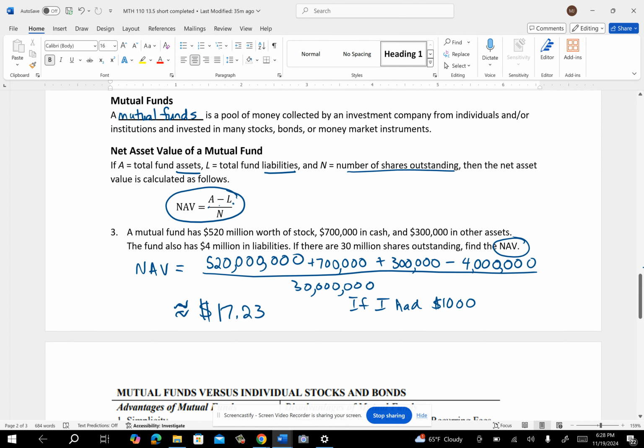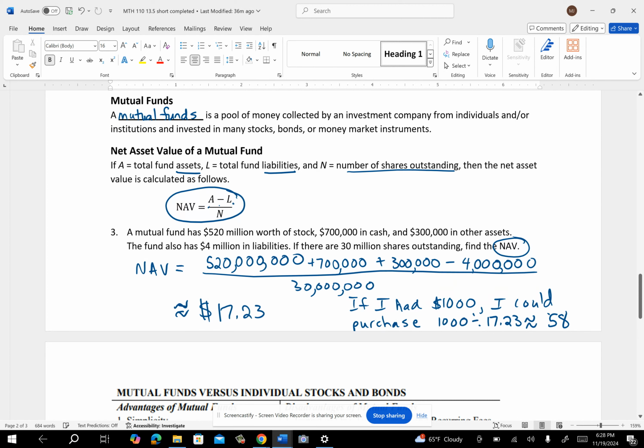Then I could purchase a number of shares. How to figure out how many is I could take the 1,000 I had and divide by how much each share costs. So I could take that 1,000 and divide by the $17.23. The number of shares would then be around 58 shares.